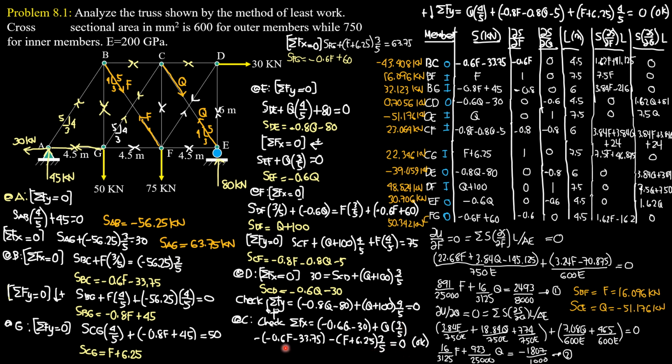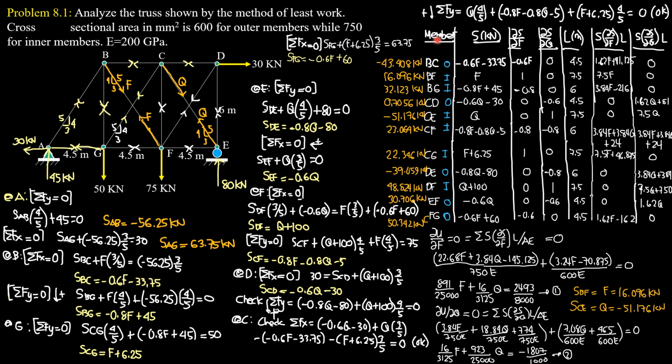We can eliminate F, 0.6 F minus 0.6 F, then negative 0.6 Q plus 0.6 Q, and the constants negative 30 plus 33.75 minus 6.25 times 3/5 give 0. So it's okay. We have checked the equilibrium of the whole truss, and therefore the calculated member forces in terms of F and Q, and the other member forces already found, are correct.